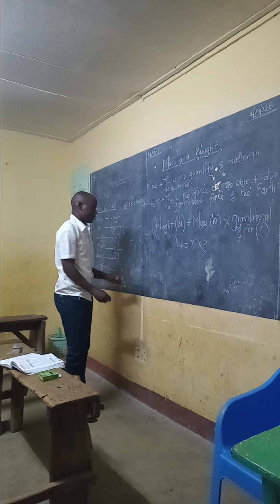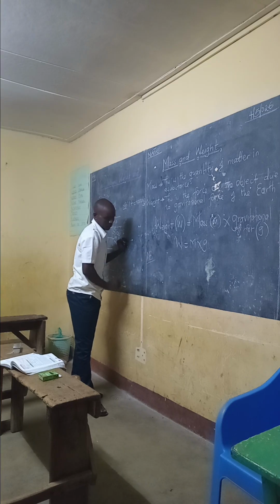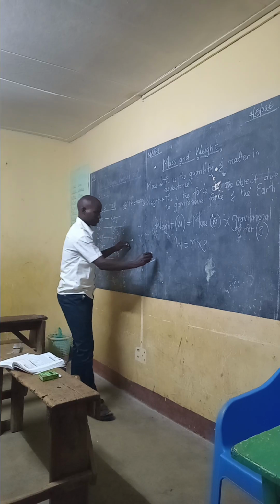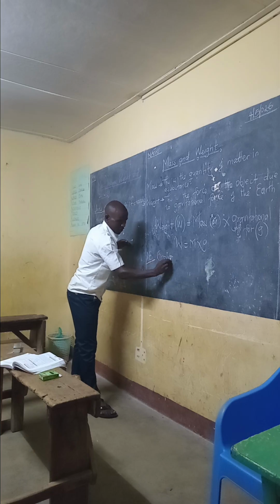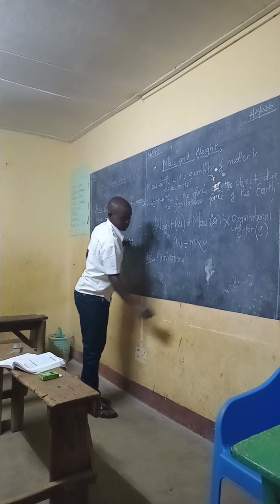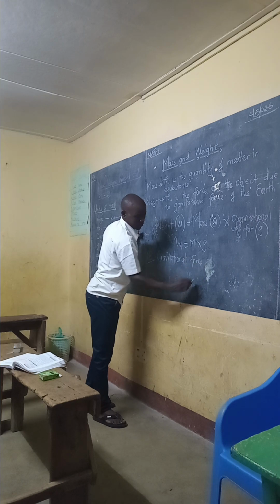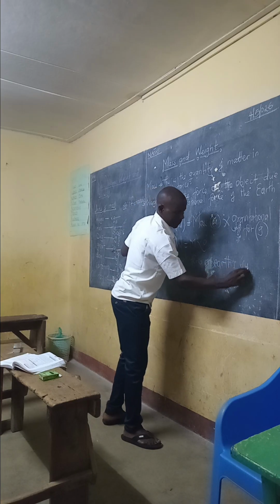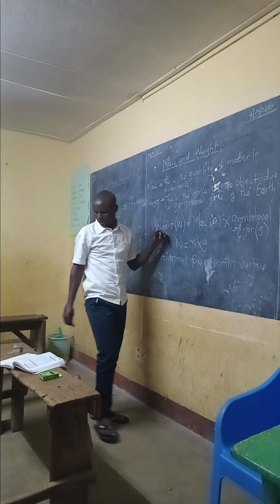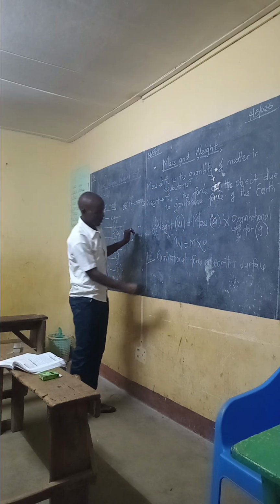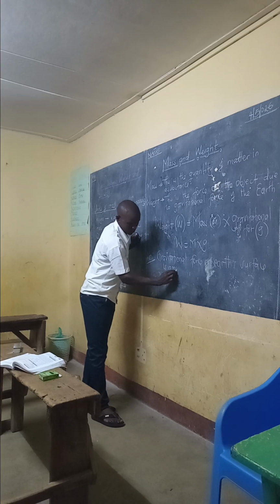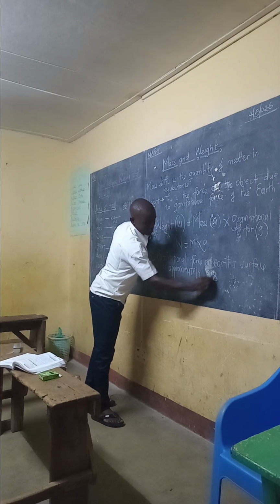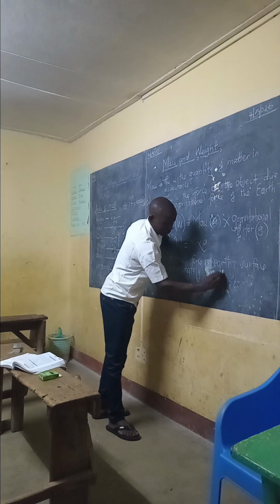Before we look at different examples, let us note under NB: gravitational force on Earth's surface is approximately 9.8 Newton per kilogram.